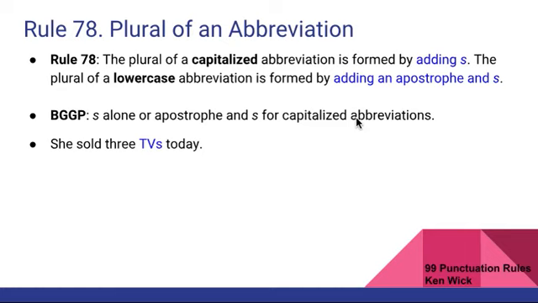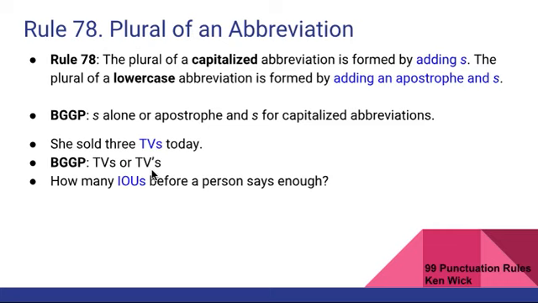She sold 3 TVs, so once again, let's just add the S to the abbreviation. But for the BGGP, you could use S or apostrophe and S if you're following that style guide. How many IOUs before a person says enough?